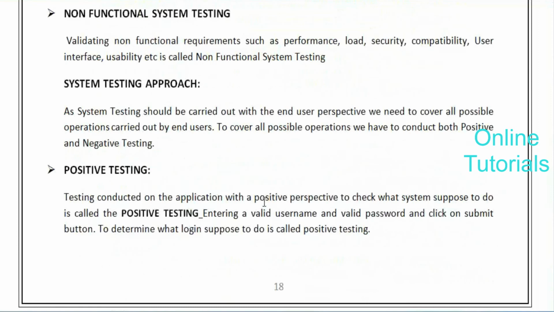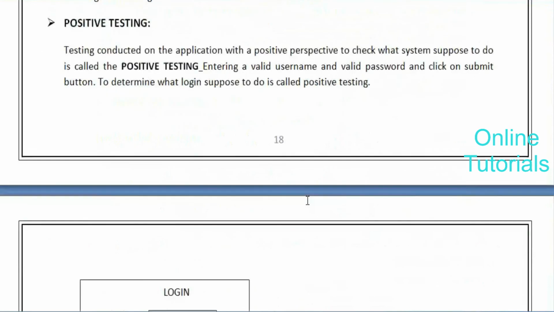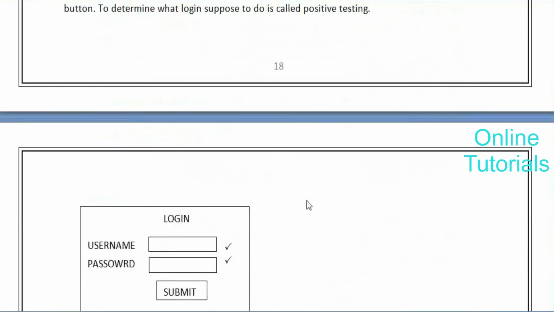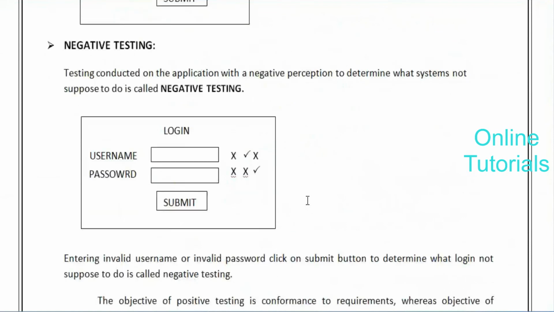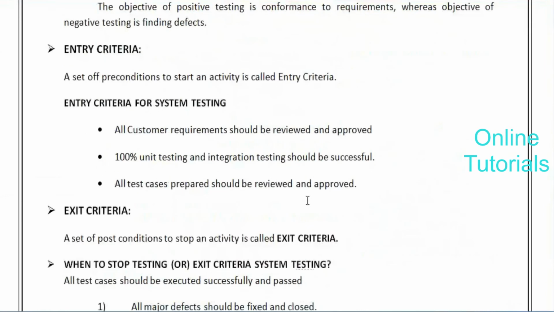I already discussed this. Positive testing is giving valid inputs to test that functionality. If you try the same thing with invalid inputs, that is called negative testing. I already explained all these things, so there is no need to explain them again. Just go through the material and you will get more of an idea.